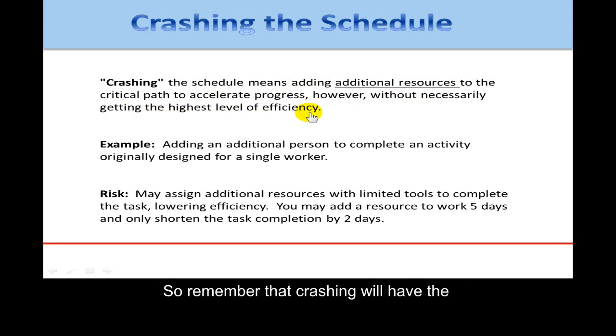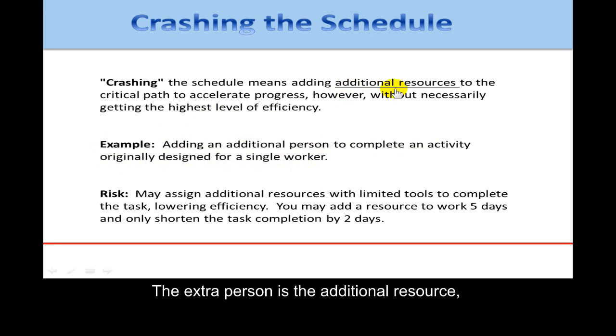So remember that crashing will have the distinct difference from fast tracking in terms of reducing the level of efficiency. An example would be adding an additional person to complete an activity originally designed for a single worker.